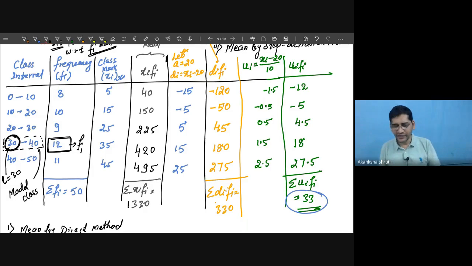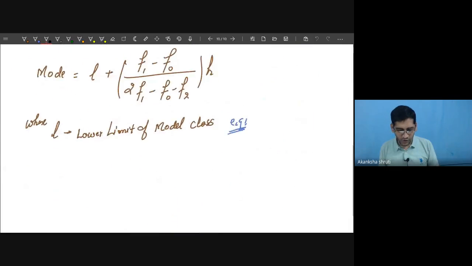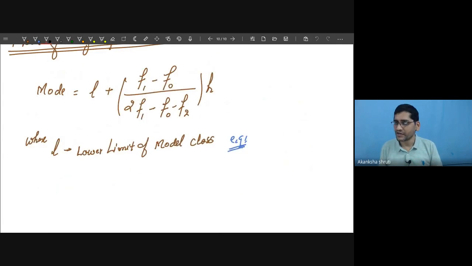Are you getting? So this way we shall first determine the lower limit of the model class. Example, here L is equal to 30, where we have the maximum frequency F1. The next denotation is our H. H is the class length.